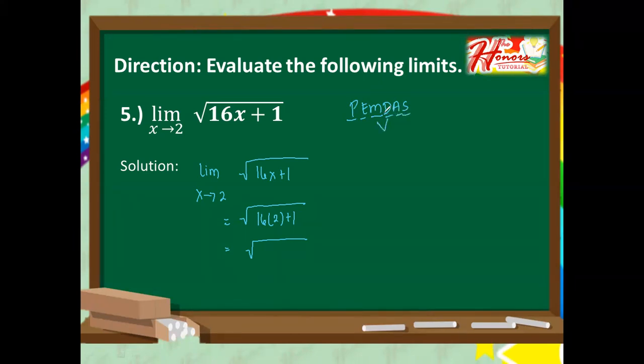For this part, some of the students are still confused. Multiplication and division. The rule here is this: multiply or divide whichever may come first from the left side of the equation. Again, multiply or divide whichever may come first from the left side of the equation.